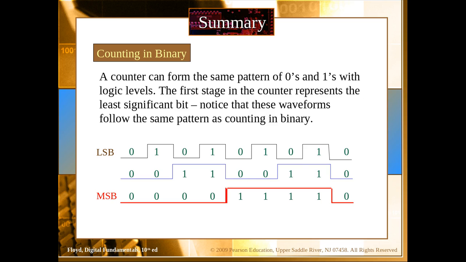So we can have either a JK flip-flop or a D flip-flop, as we have seen yesterday in our lecture, where all the inputs, JK or D for that matter, are always high. In the case of a D flip-flop, the Q bar output is connected to the D input, so that at each stage every flip-flop is in the toggle mode, and they would change at half the frequency of the input.